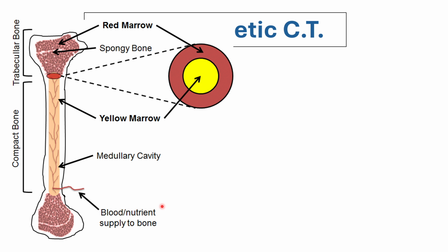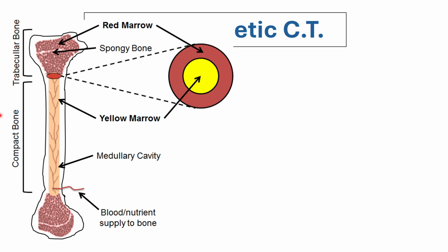Okay, let's go back to the marrows. The red bone marrow and yellow bone marrow can actually be seen at the same time in a single bone organ. The end points of a long bone, the intertrabecular spaces there, or the spaces between the spongy bone tissue, are actually filled up by your red marrow, while the central area, which has a bigger canal area, or a bigger intertrabecular space in the middle, would contain your yellow marrow.